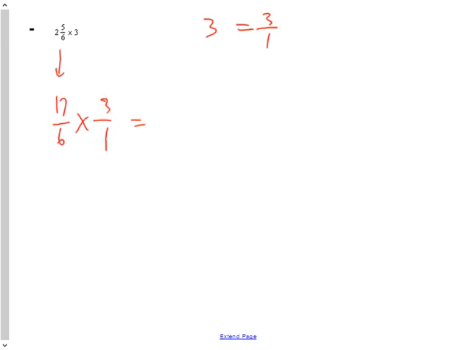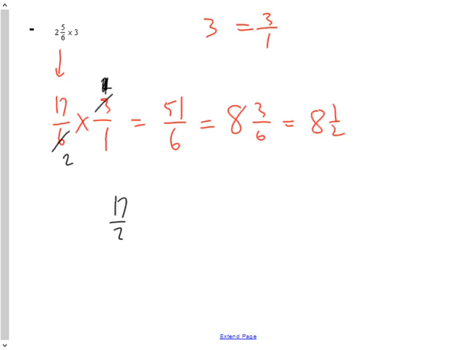Therefore, you'd get 51/6, which is equal to 8, which is 48, and 3/6, which is 8.5. Now, obviously, if you cross-reduced it here, 1 over 2, you end up with 17/2, which is 8.5. Same answer, just an easier way to get the answer.